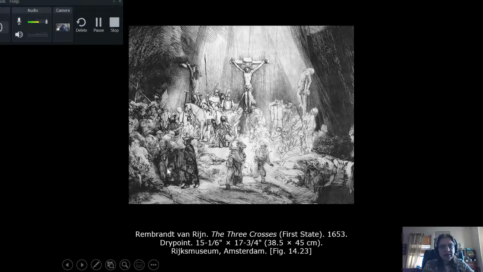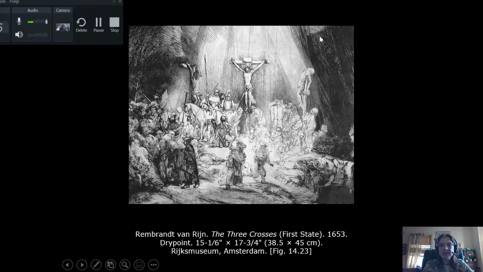So then he switches and he makes the background light and the subject or the person dark. So here he makes the person light with the background darker. And in that way, it plays with your depth perception, and it allows you to really have this understanding that these are much closer.